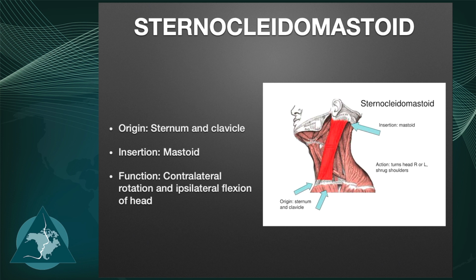We routinely trigger point this muscle. What I would be concerned with is Botox, because Botox does spread, and then you could have issues with breathing and swallowing. But other than that, you would treat it like any other muscle that could be painful with a trigger point or multiple trigger points.